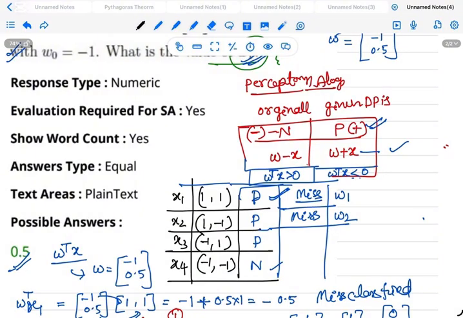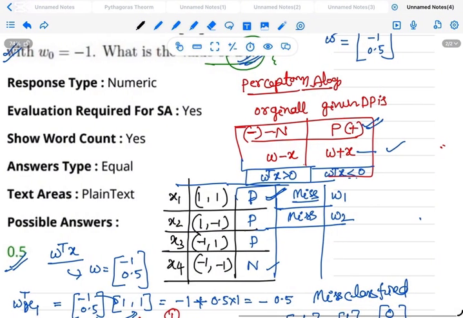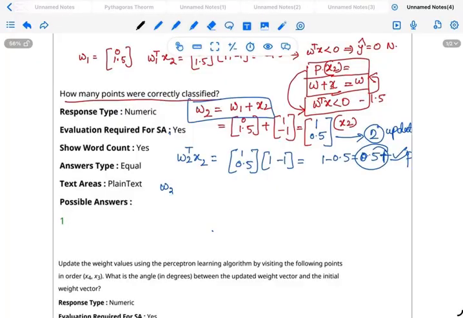Next data point X3. Dot product W2 transpose X3, where W2 is (1, 0.5) and X3 equals (-1, 1). So the dot product is minus 1 plus 0.5, which is also negative, minus 0.5.